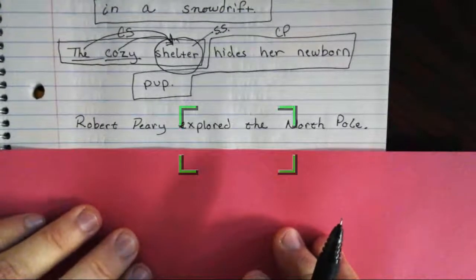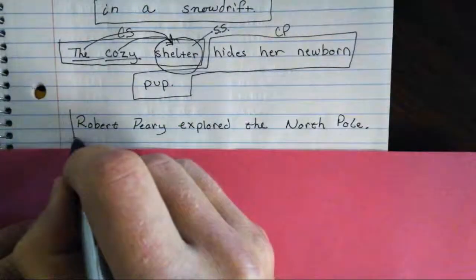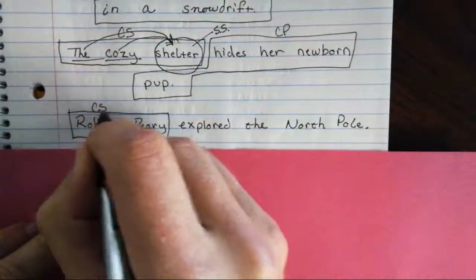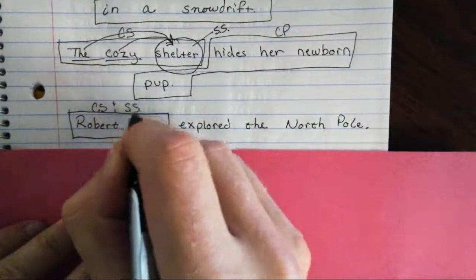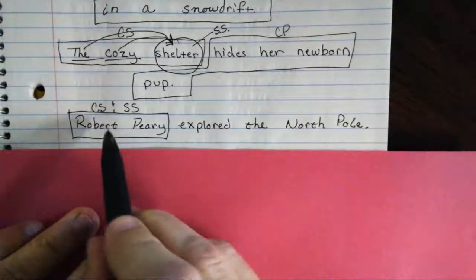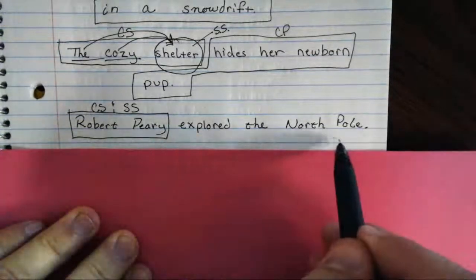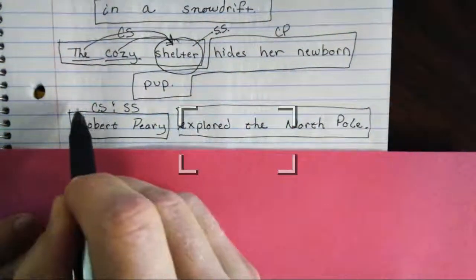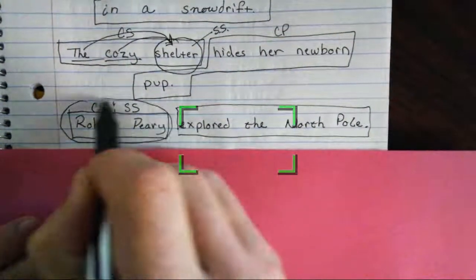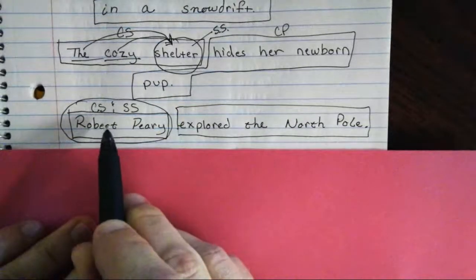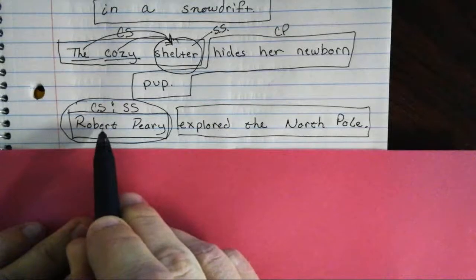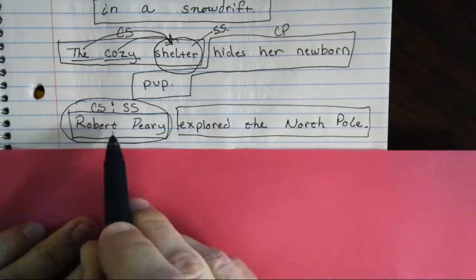Here we have the simple subject and the complete subject as one, right? Because there's no descriptive words here. Robert Perry explored the North Pole. Okay. What is this sentence about? It's about Robert Perry. Okay. So don't get confused. If the simple subject is all there is, that's fine.